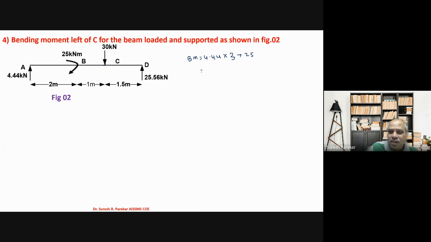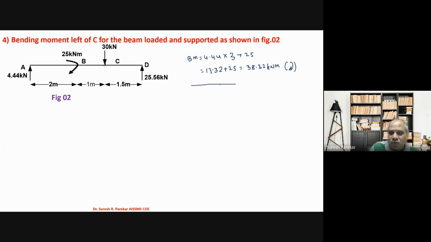And then we have this will be 13.32 plus 25. So 38.32 kilonewton meter, and plus means we have clockwise. So you have to consider only that part.